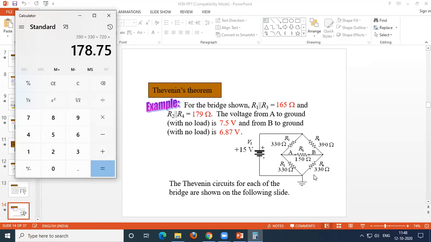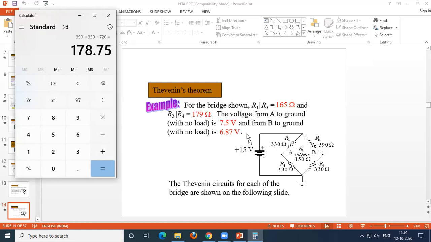So the value of the equivalent resistance on the B side is 178.75, or approximately we can write it as 179 ohm.